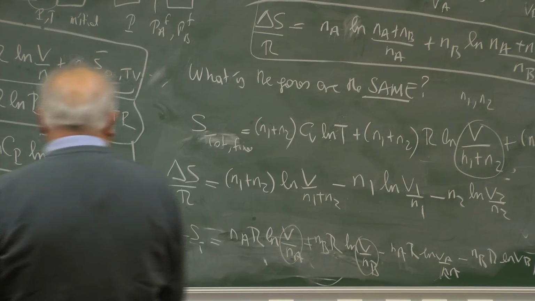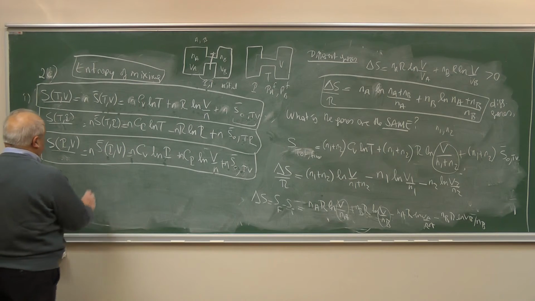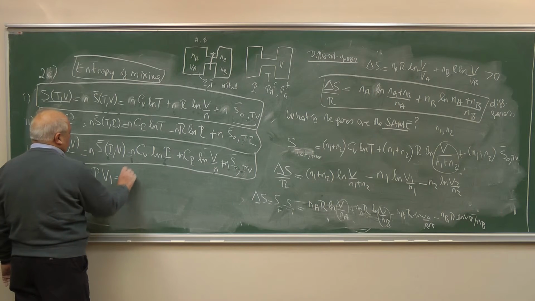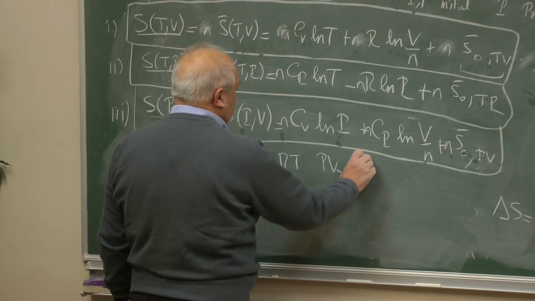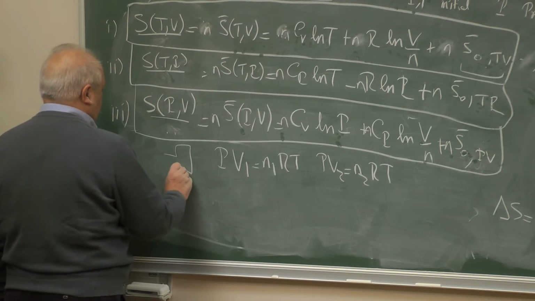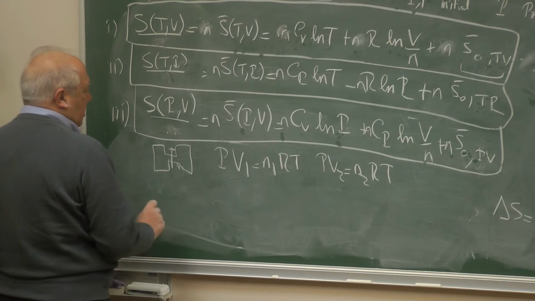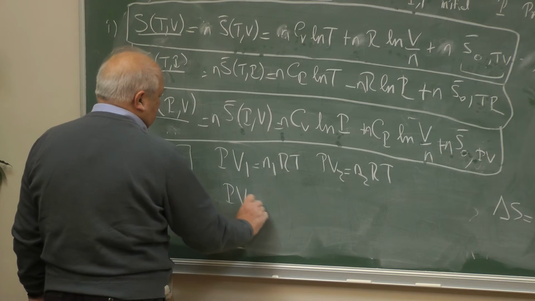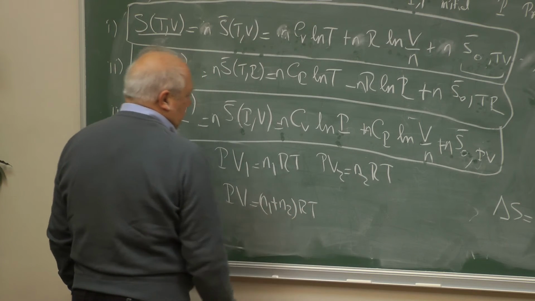Now let's look at these. Initially, P V1 is equal to N1 RT, P V2 is equal to N2 RT. This is when the valve is still there. Now we have opened. P V is equal to N1 plus N2 RT.